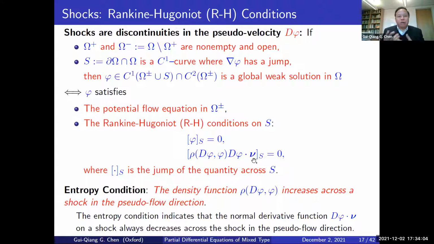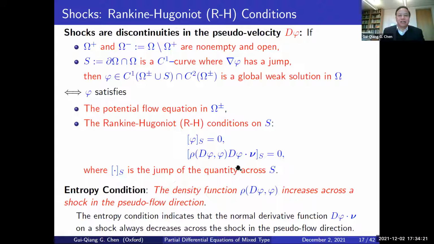With these conditions, you want to make sure that you have two solutions in two regions, then put together through a discontinuity. The question is whether putting them together is still a solution of the partial differential equation in the sense of distributions. It turns out this is not always true.